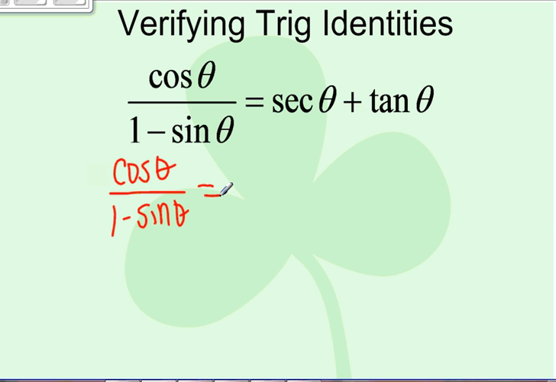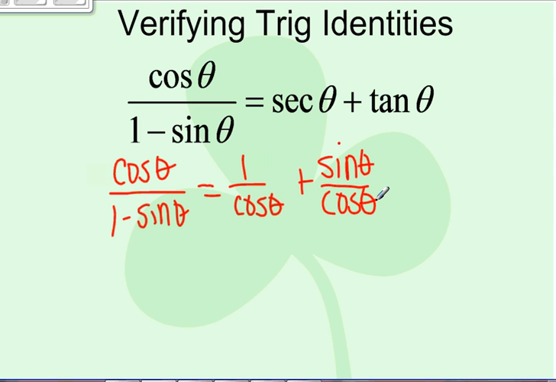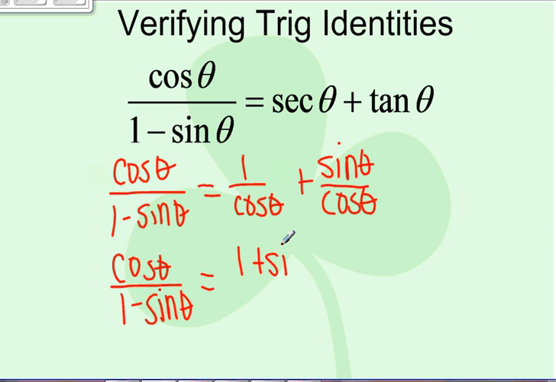Okay, equals secant, which is 1 over cosine theta, plus sine theta over cosine theta. All right, so let's see. We've got cosine theta over 1 minus sine theta equals 1 plus sine theta over cosine theta.